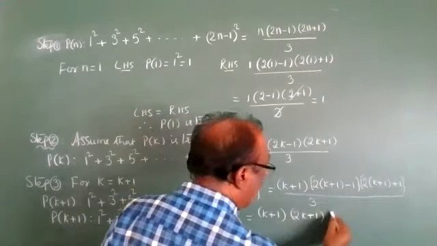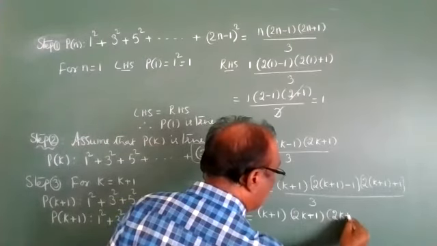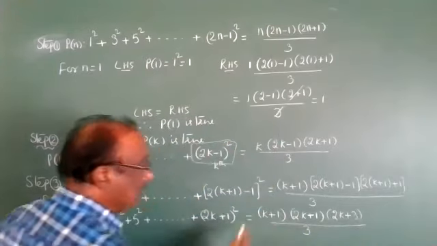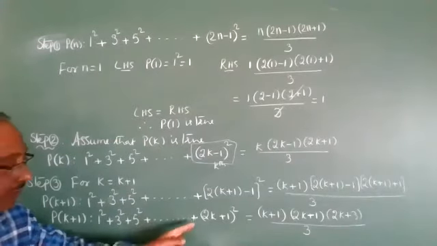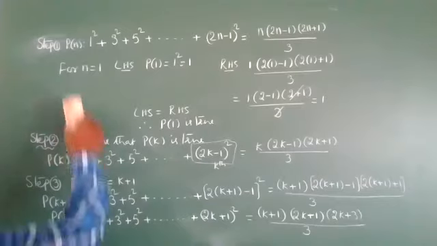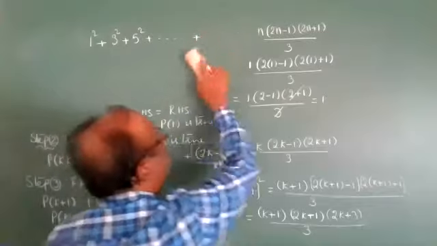This is 2k plus 2 plus 1, which is 2k plus 3. 2k plus 3 upon 3. Right? So take left hand side first, I am writing upside. Everyone see upside I am writing.